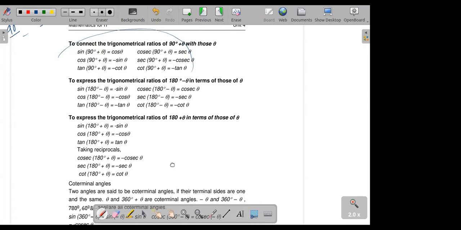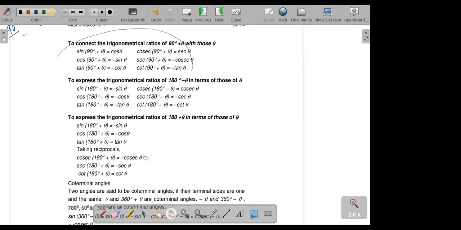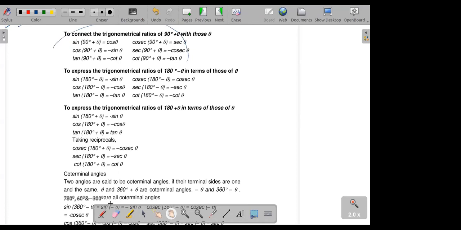Okay, let's give some examples for 180, how this formula also works for 180. Sine 180 plus theta.